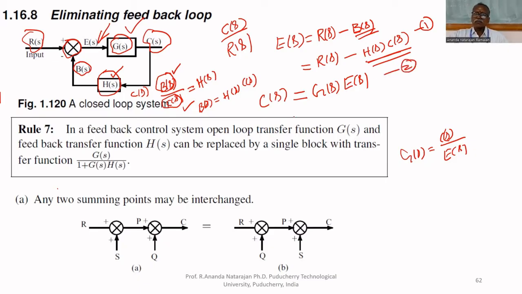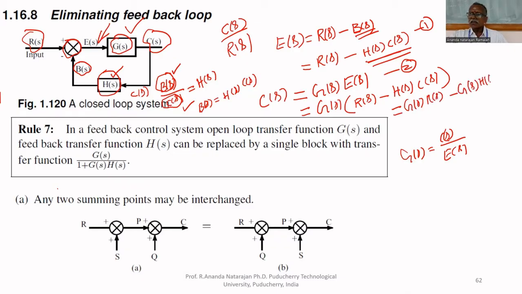This is the second equation. Now, we can substitute E(s) from the previous equation. C(s) equals G(s) multiplied by E(s), which is R(s) minus H(s)C(s). Or you can write G(s)R(s) minus G(s)H(s)C(s).